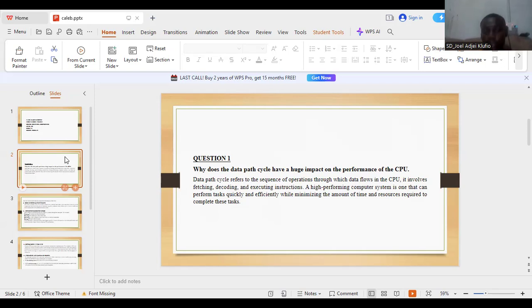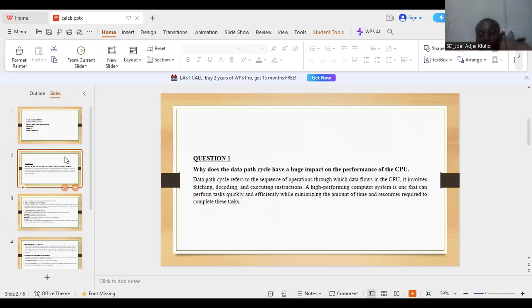The data path cycle refers to a sequence of operations through which data flows in the CPU. It involves fetching, decoding, and executing instructions. This is the set of stages the CPU goes through to execute an instruction.